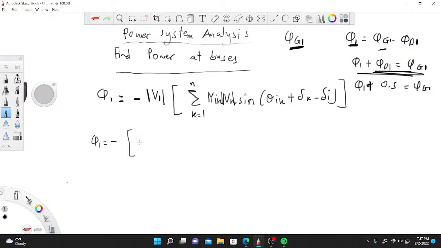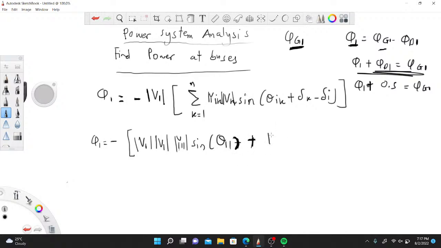The last time I showed you how to write it easily: you are bus 1, so start at 1, V1, then V1 Y11 sine of theta 11 plus delta 1 minus delta 1, which is 0.